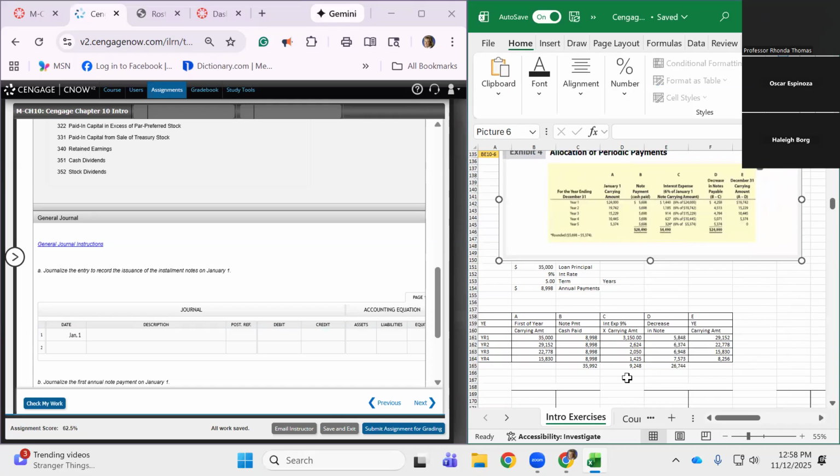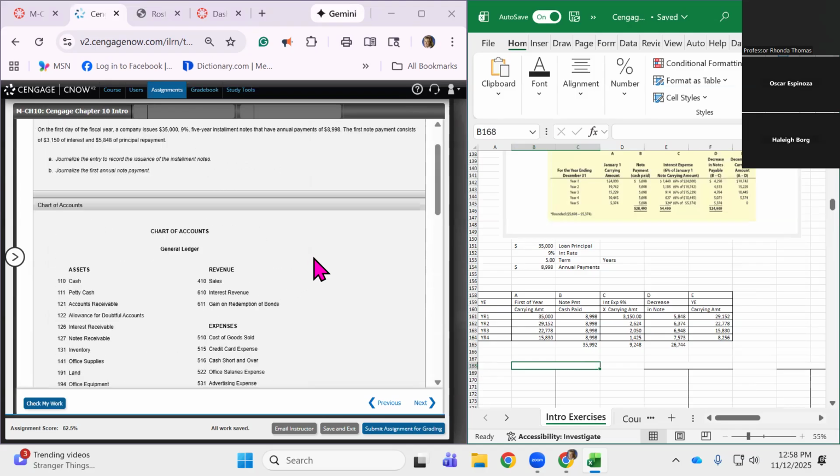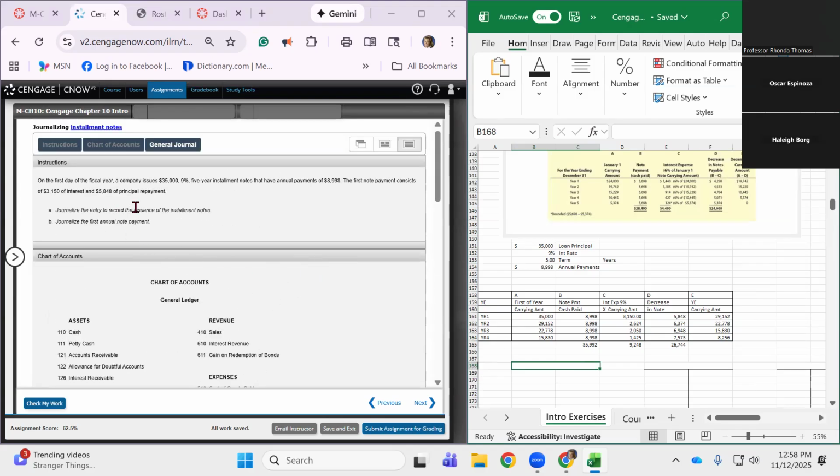If we did this by the month, this table would be a lot longer. So the first thing we're going to do is issue the note. On the first day, a company issues a $35,000 five-year installment note that has annual payments.